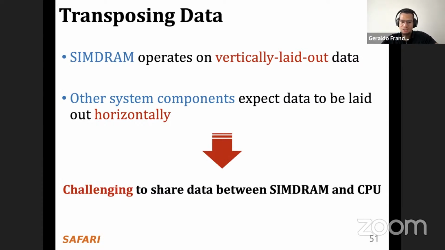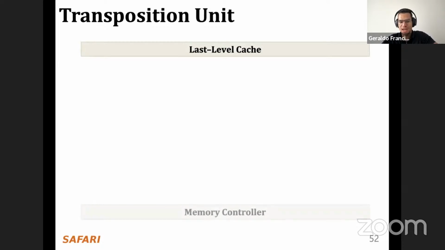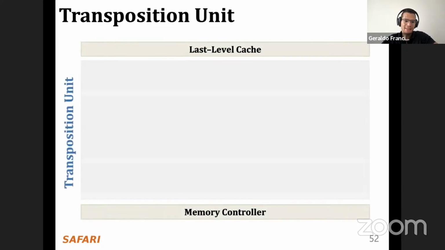Now we have the challenge of how to share data between the SynDRAM engine, which does computation in a vertical data layout, and the CPU, which does computation in a horizontal data layout. To solve this problem, SynDRAM uses a specialized hardware unit, placed between the last-level cache and the memory controller, called the data transposition unit. The data transposition unit transposes data from the horizontal to a vertical data layout and vice versa.